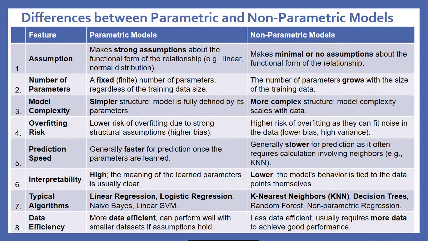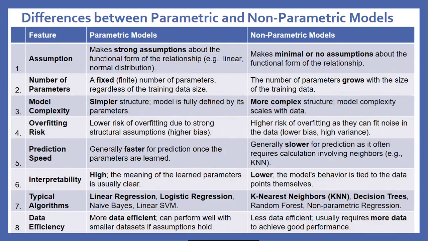Prediction speed: parametric models are generally faster for prediction once the parameters are learned. Non-parametric models are generally slower for prediction as they often require calculation involving neighbors. Example: KNN.